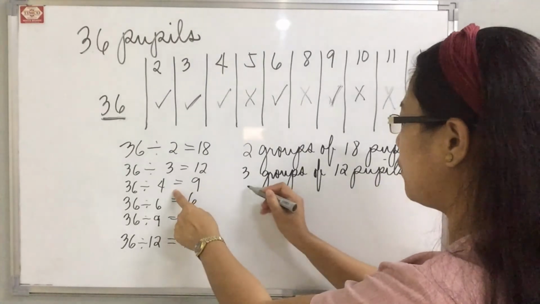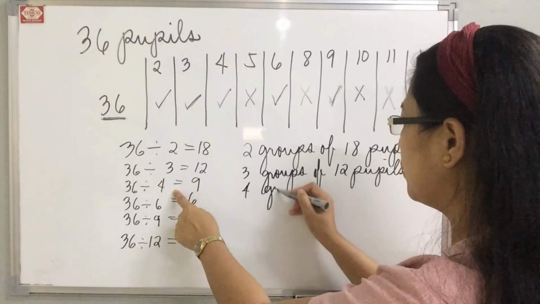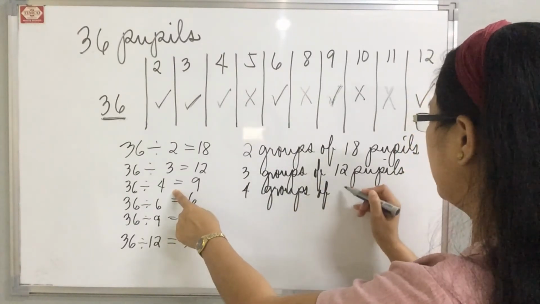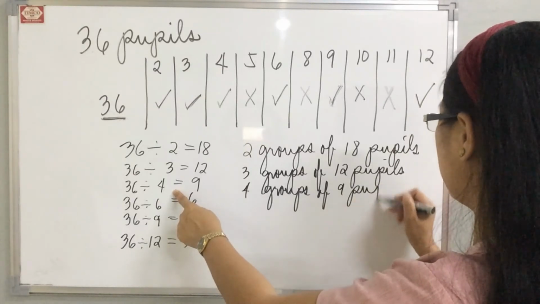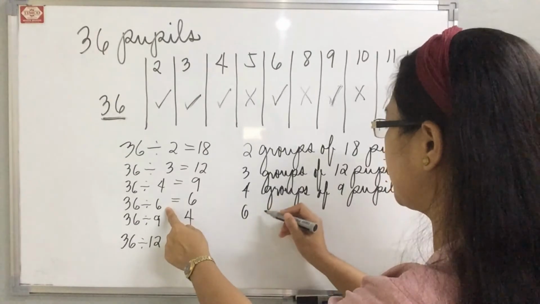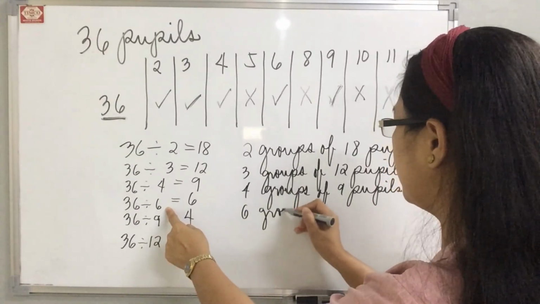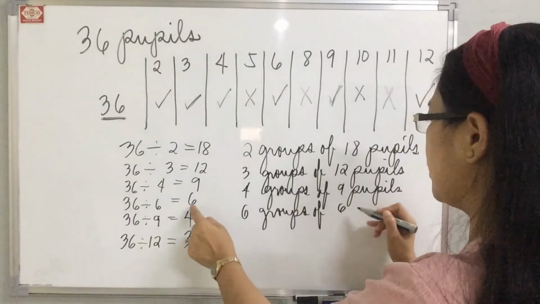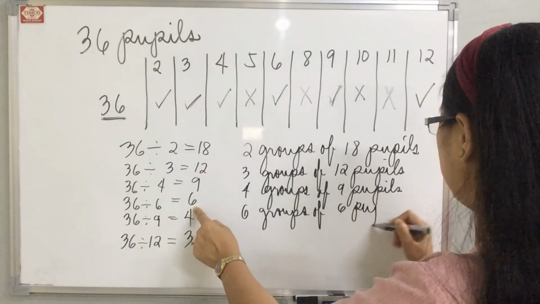The next one is 4 groups of 9 pupils. And we have 6 groups of 6 pupils.